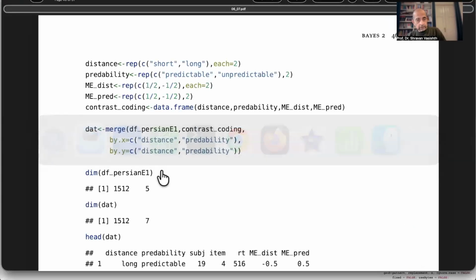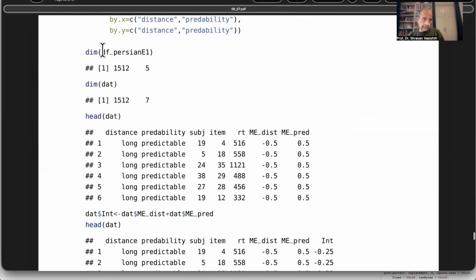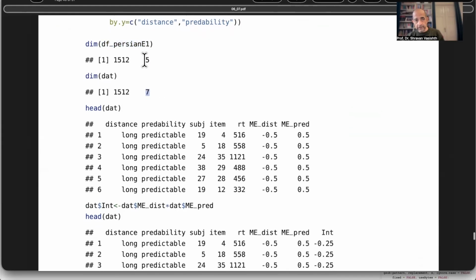Okay. So that's what I've done here with the merge function. Got a new object called dat. If I look at the contents of the original data frame, I have 1512 rows, and after merging in the dat object, I also have the same number of rows, but 2 new columns. See that? 5 here and 7 here. If I look at the dat frame, I get those 2 columns there.